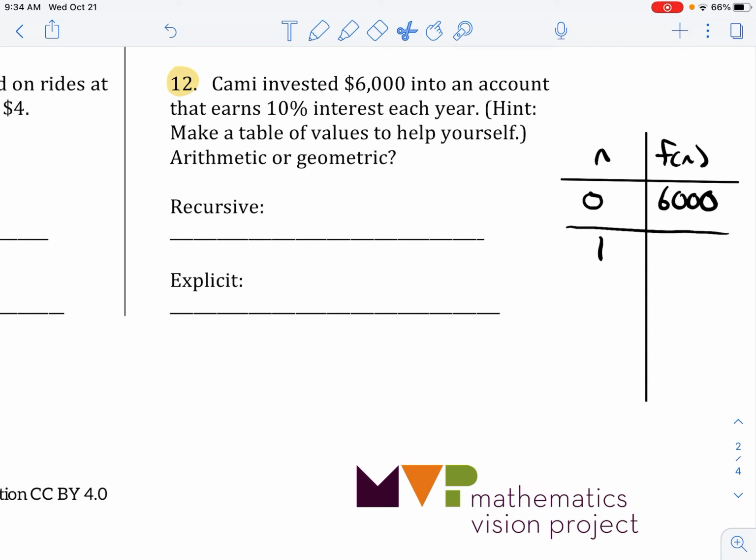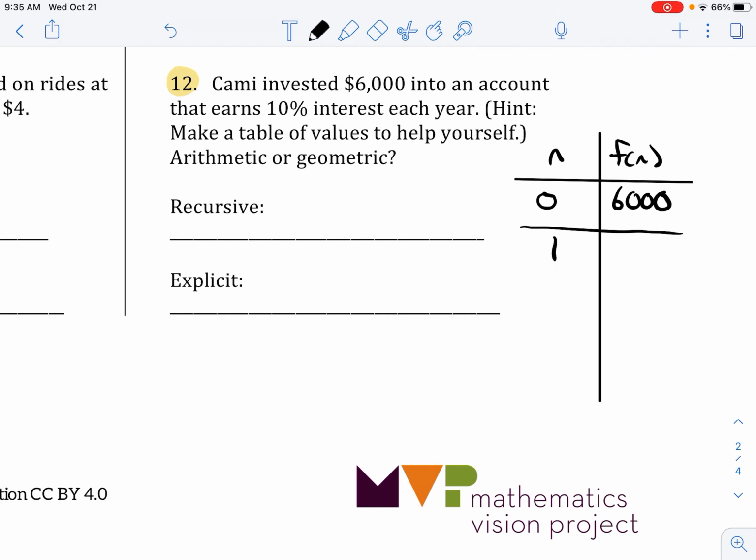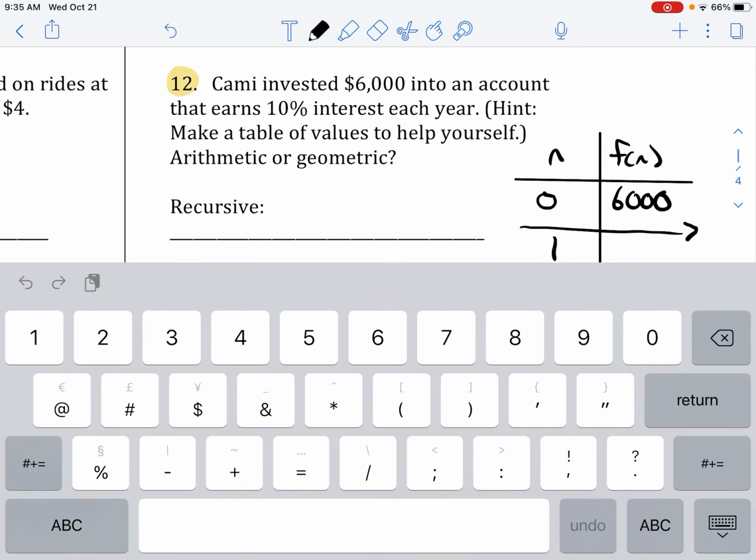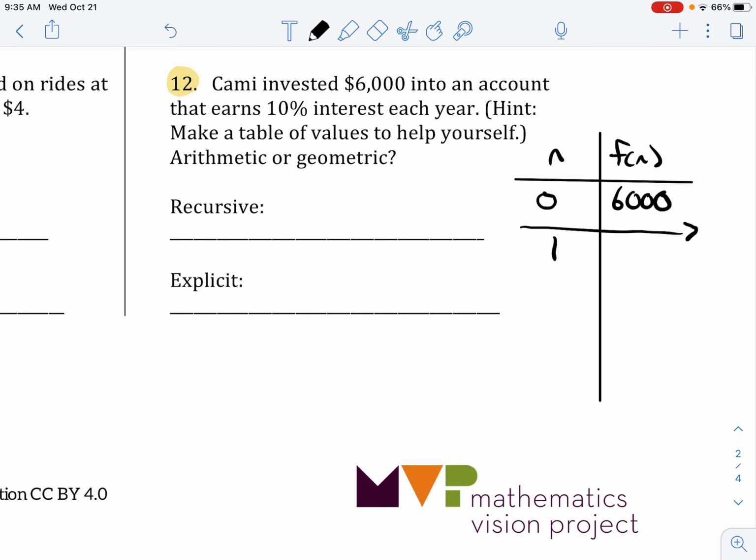we have to think to ourselves, should this money be growing or shrinking? It should be growing. You're getting more money. You have the same amount of money and plus an extra 10%. So 6,000 times 1.1 will give you 6,600.